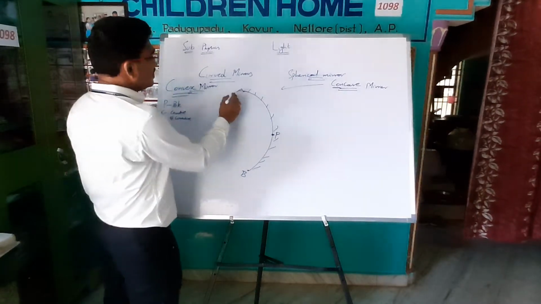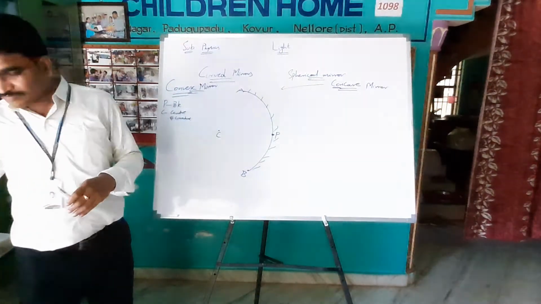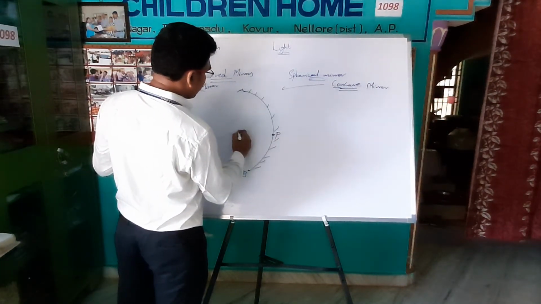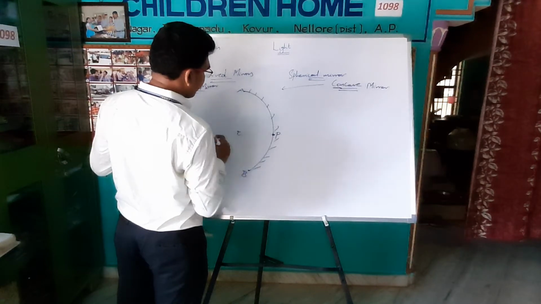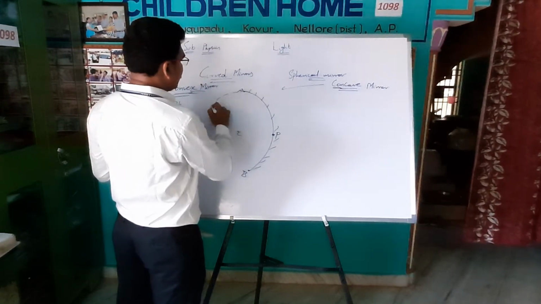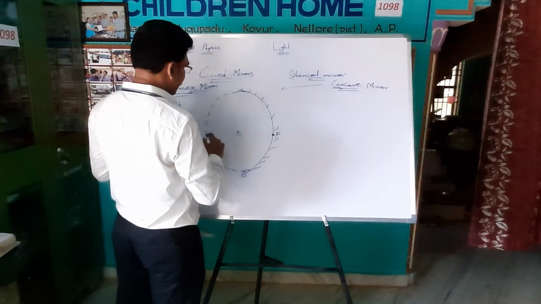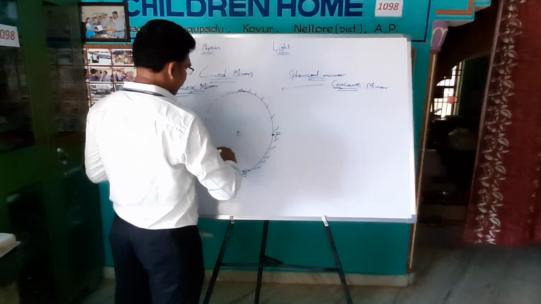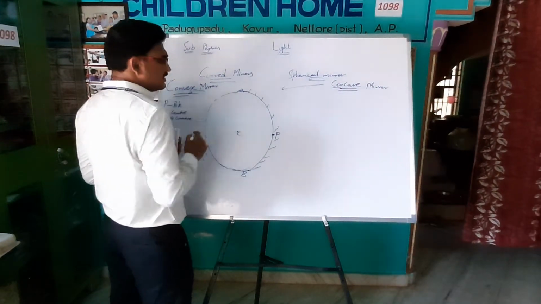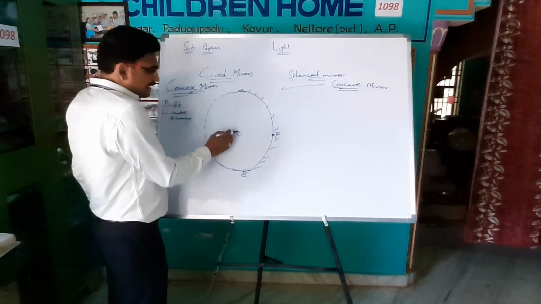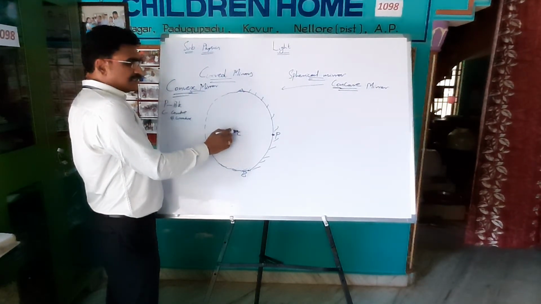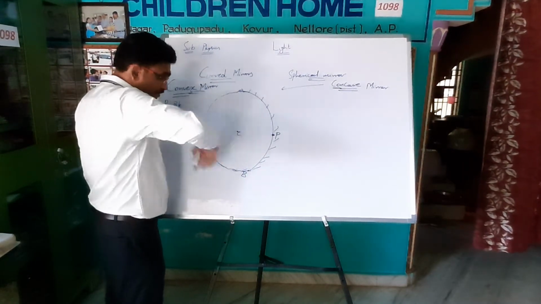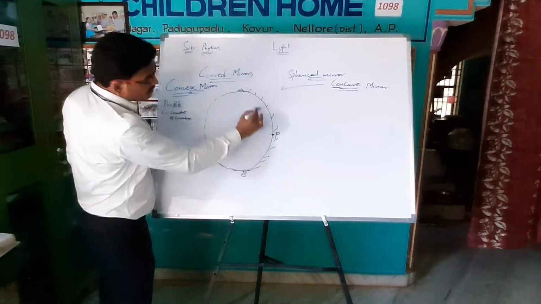Now, what is this C? C is the center of curvature, meaning this is the point that is the center of the sphere of which this spherical mirror is a part.